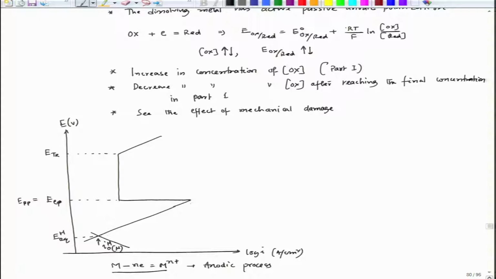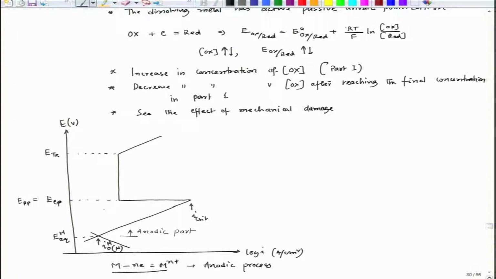This is I critical. Okay. So, now when we have this situation, let us try to draw the diagram for the cathodic line, cathodic polarization part. So, this is the anodic polarization part.